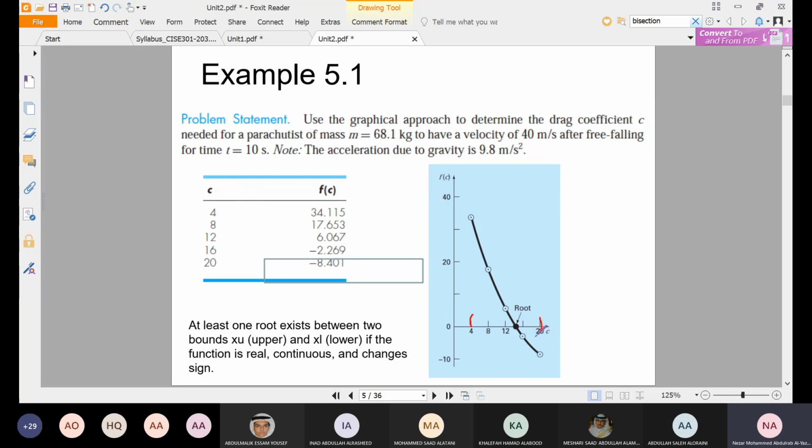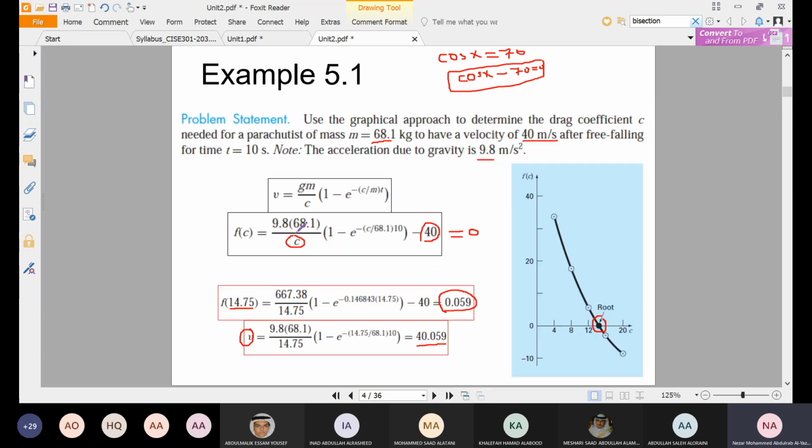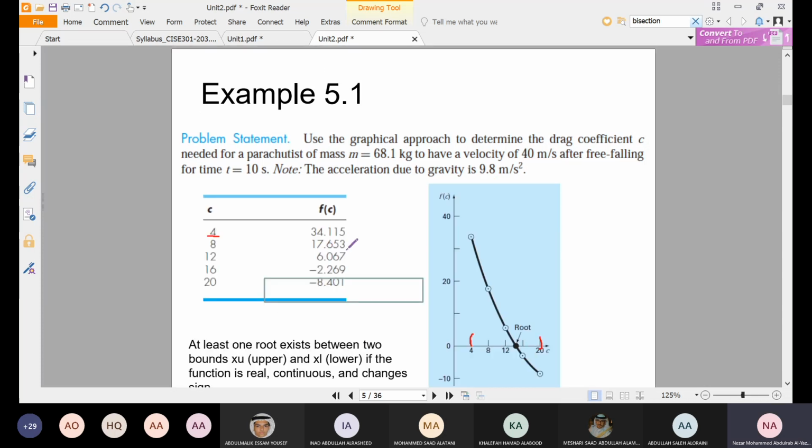If I get any change in sign between two terms, this change in sign indicates that I have a zero or a root here. So, for example, if I set C equal to 4 and substitute in this function, f of C is equal to 34.1, for example.